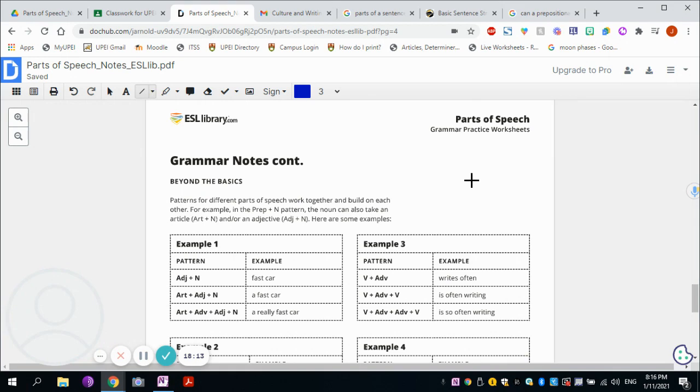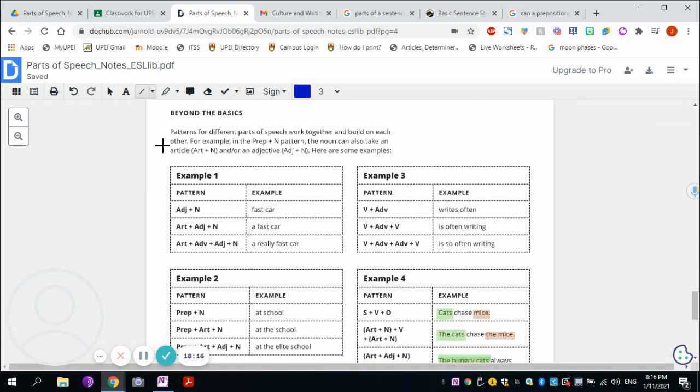Now, patterns for different parts of English work together and build on each other. For example, in the preposition plus noun pattern, the noun can also take an article, be an article plus noun, or an adjective plus noun. So here are some examples. We can have an adjective plus a noun. We can call it a fast car.